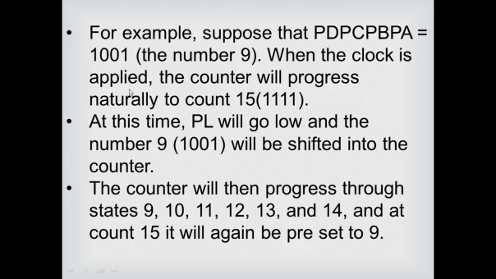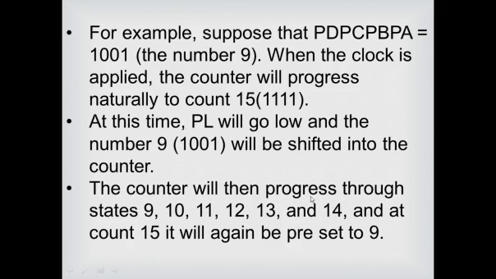When the clock is applied, the counter advances in a normal count sequence, and when the counter progresses to the state number 15, what happens? The output of the NAND gate goes low. That means the parallel data entry is activated. At this time, parallel load will go low and the number 9 will be shifted into the counter. Whatever data is present at PA, PB, PC and PD, which in our example is state 9, is shifted into the counter.